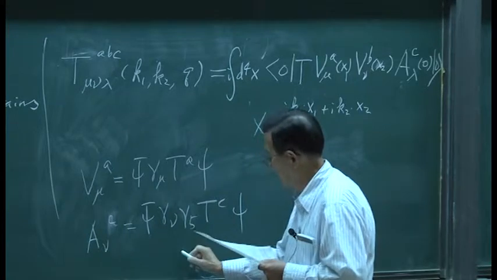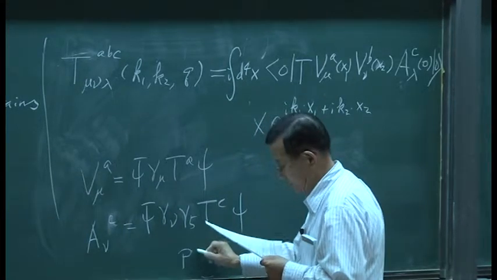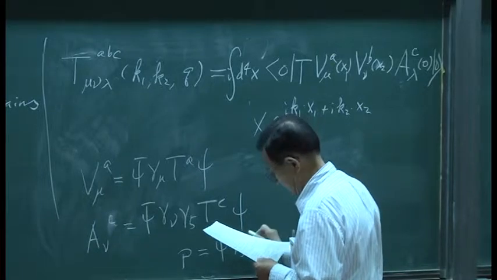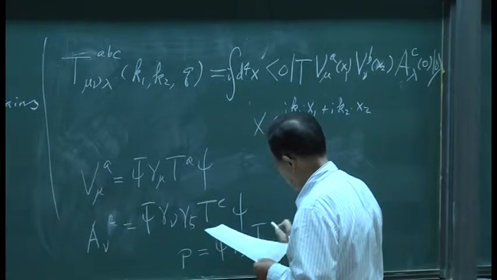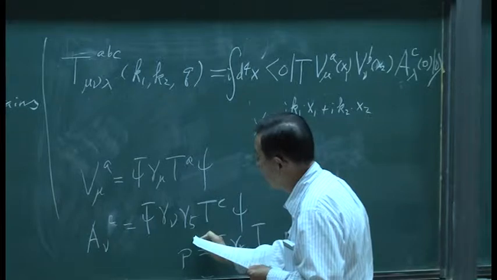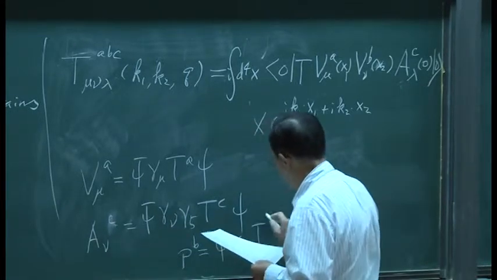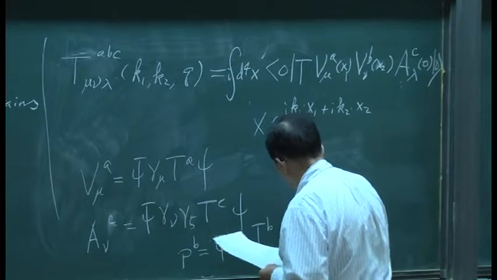And then there's another one I need, called pseudo-scalar density, psi bar gamma 5 T b psi.